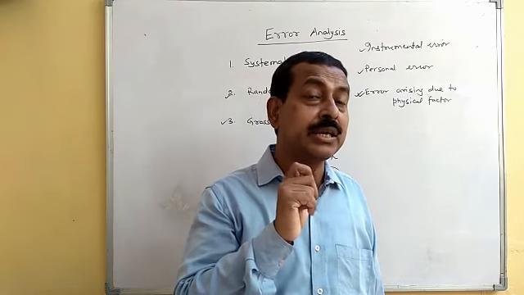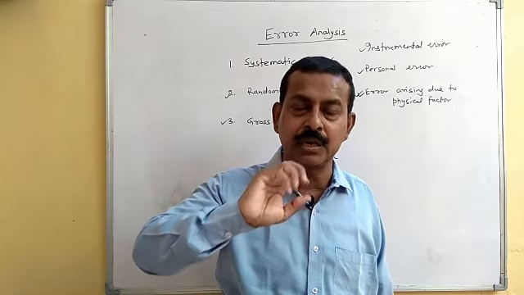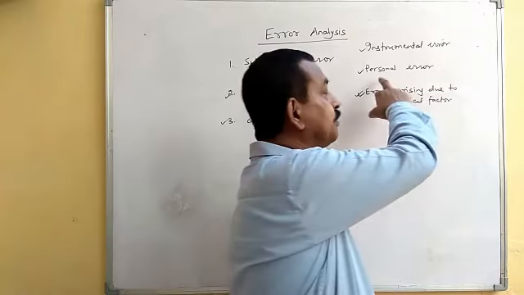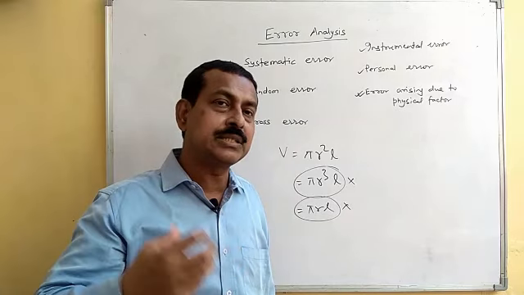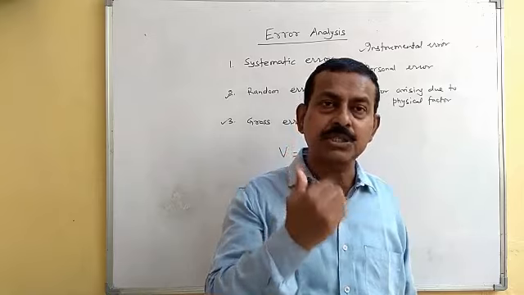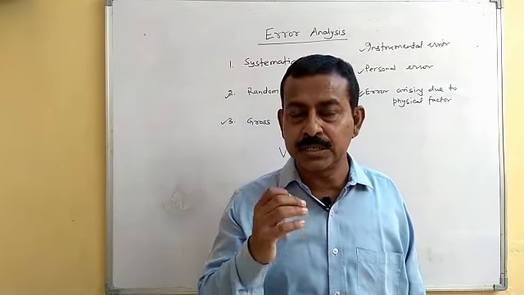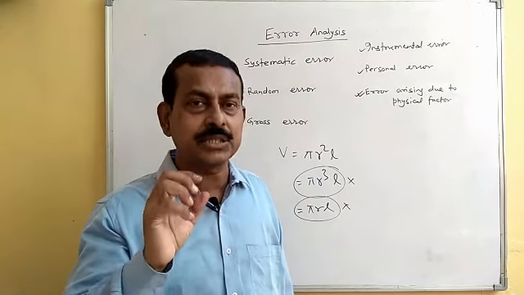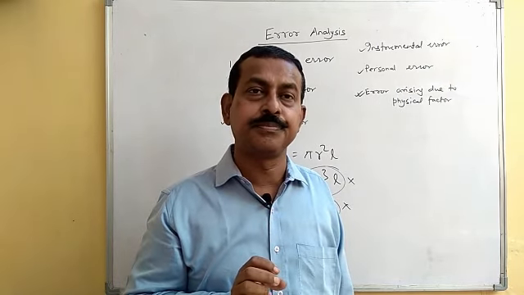If someone is tightening it hard, then it is a personal error. Once we know that he has the habit of taking observation by tightening the screw hard, we can rectify that, in the sense that we can ensure he is not tightening it hard. He is just taking the observation when it is making proper contact.